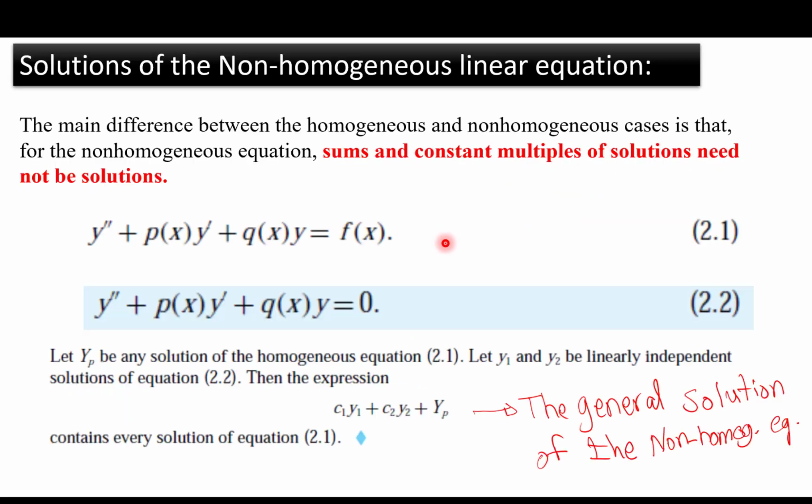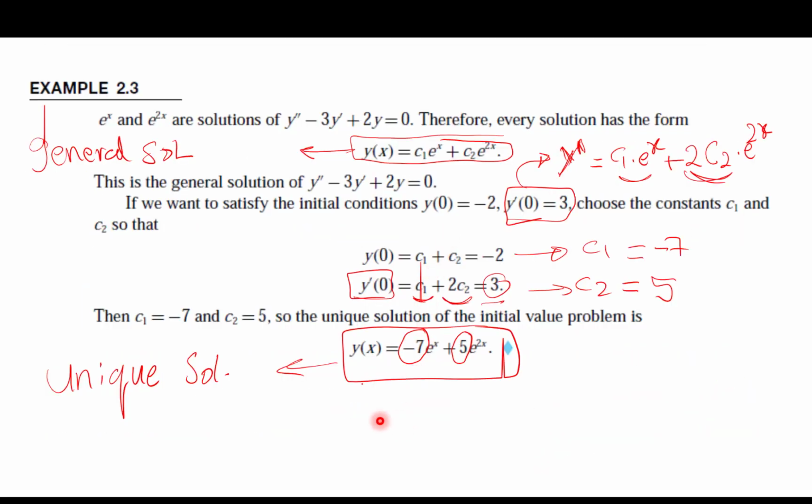Now remember that here we are talking about a differential equation where the right hand side is 0. This is the form that we started with, which is the homogeneous equation. What if the right hand side is non-zero?